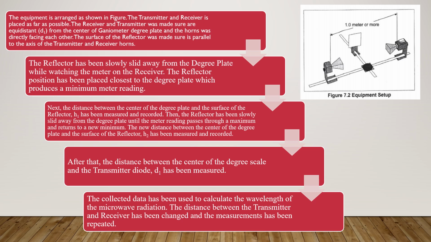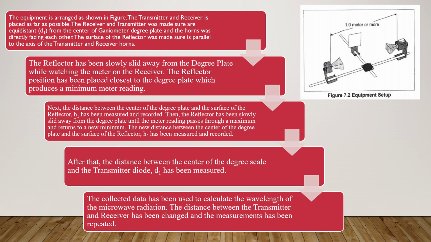The reflector is slowly slid away from the degree plate while we watch the meter on the receiver. The reflector position closest to the degree plate which produces a minimum meter reading is found. Next, we can know the value of the distance h1, the distance between the center of the degree plate and the surface of the reflector.